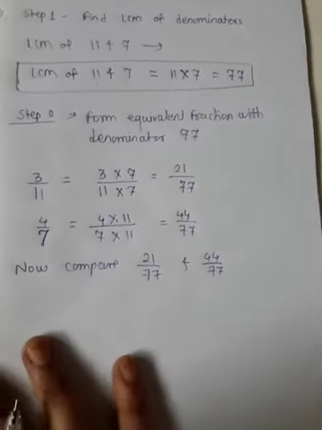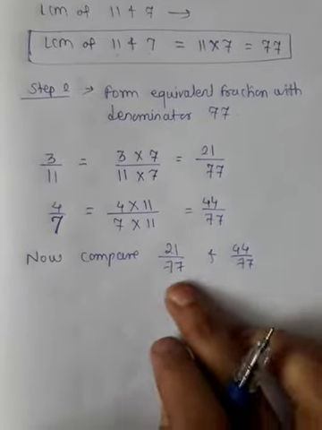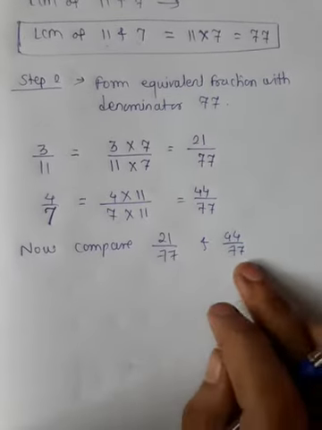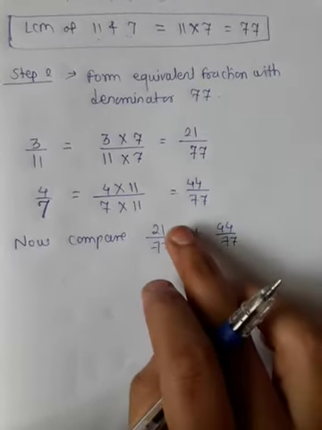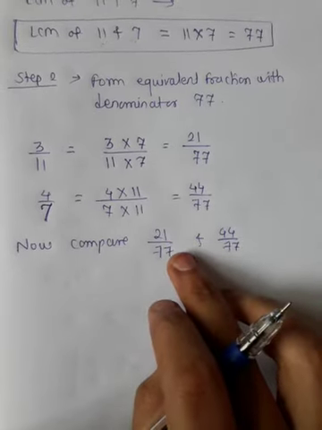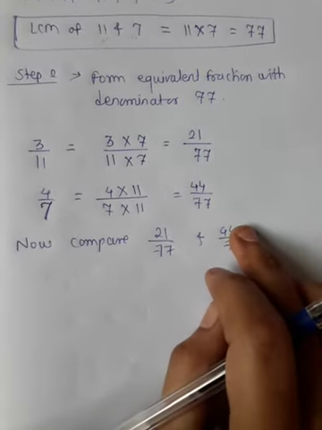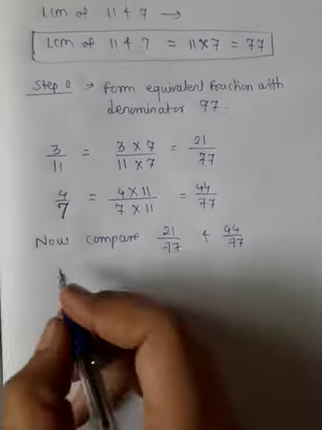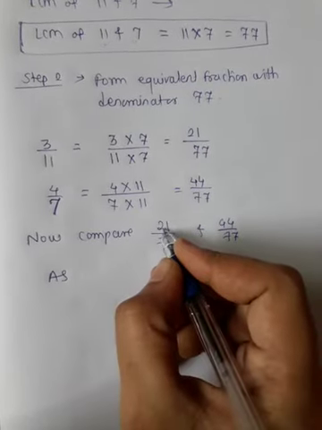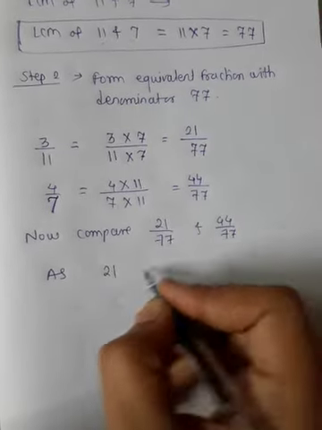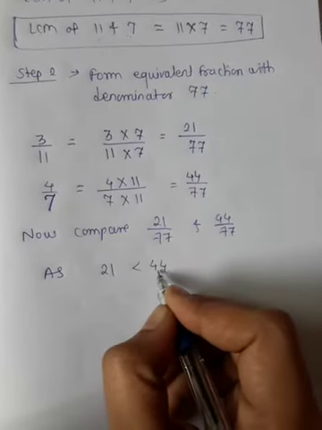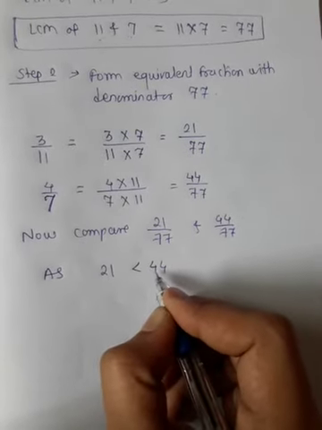By our previous discussion, you know that if the denominators are the same, then the fraction with the greater numerator is always greater. As 21 is less than 44, 44 is greater.